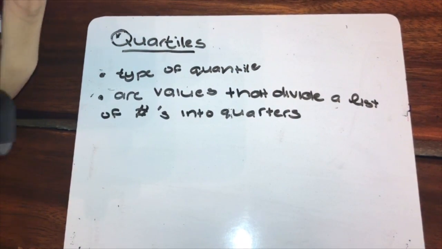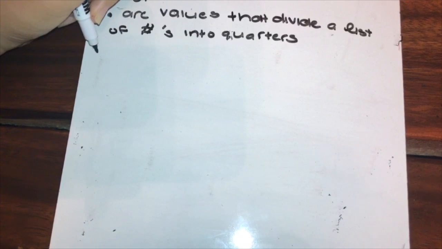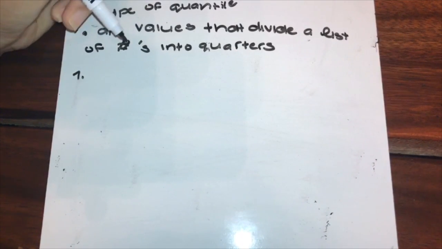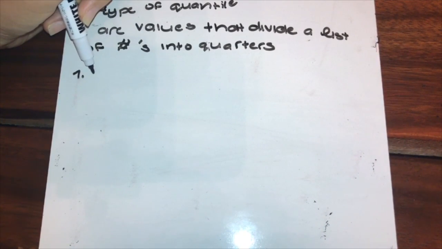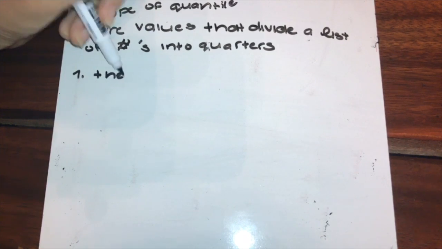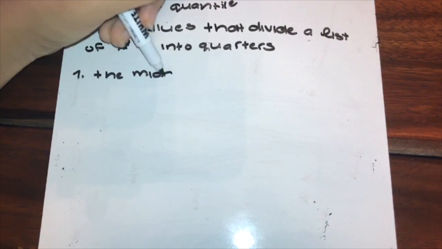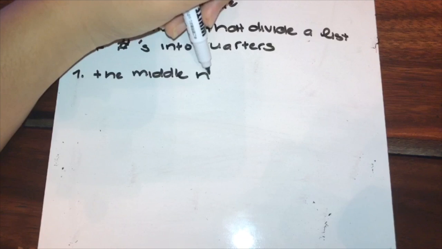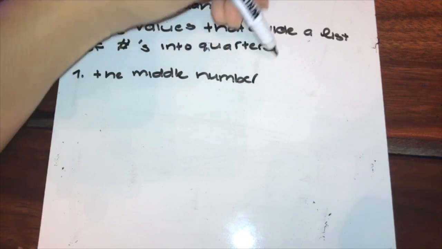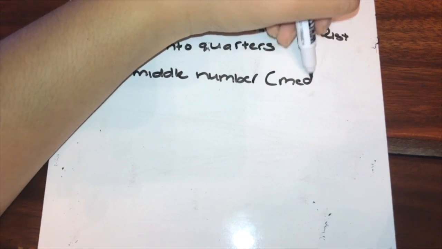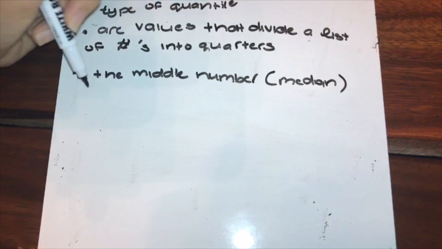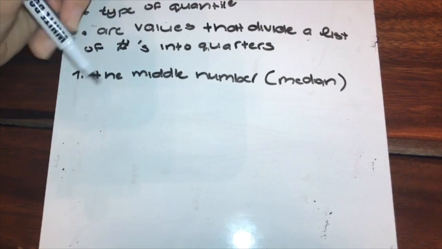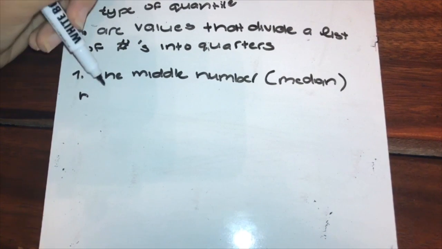So basically, there are 3 quartiles. The first quartile is defined as the middle number between the smallest number and the median of the data set.